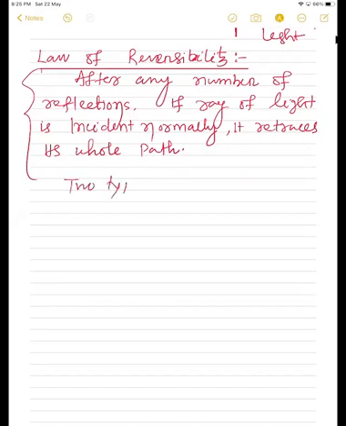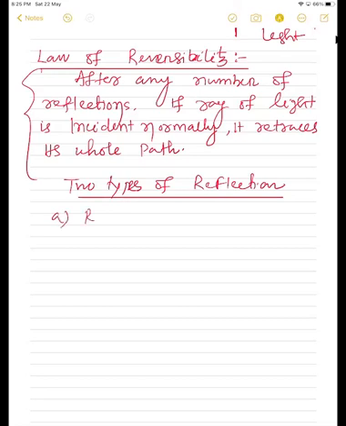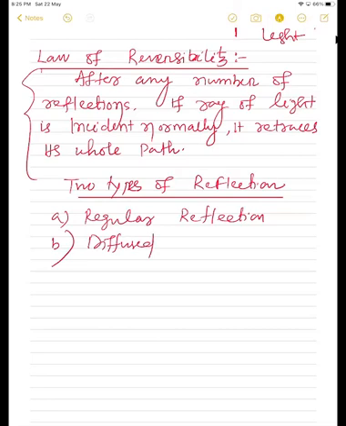You have studied this in your early classes at school level. Number one is regular reflection, and number two is diffused or irregular reflection. Correct.